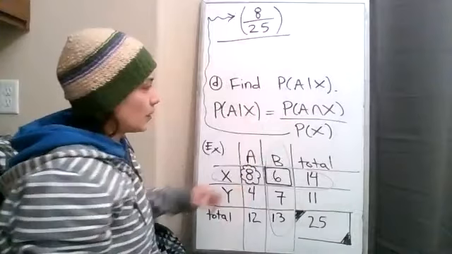Okay. Divide by the probability for X, which is 14 out of 25.